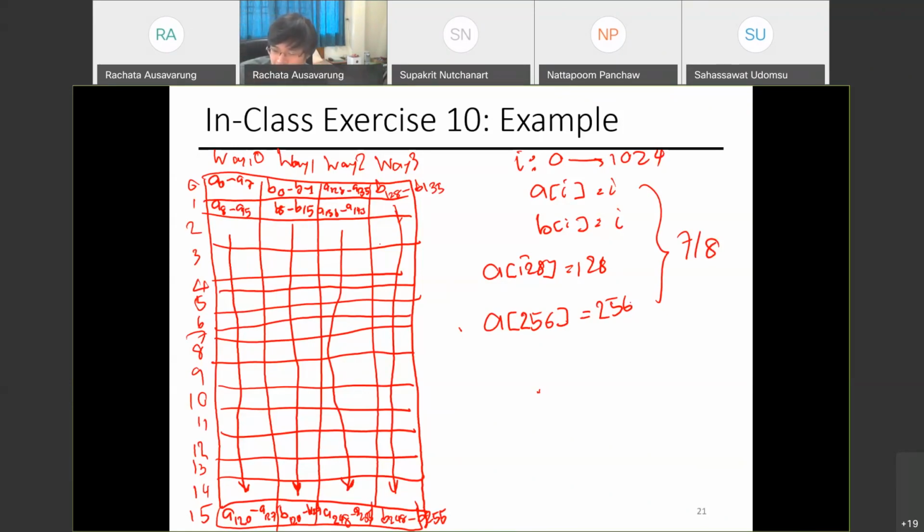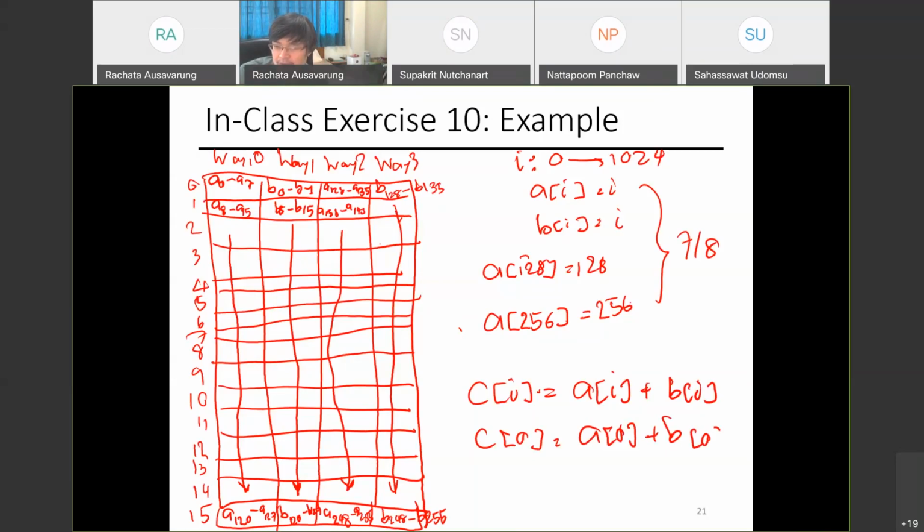So the second loop, what we do is C of I equal A of I plus B of I, right? So what happened when I is 0? C0 equal A0 plus B0, right? So what happened here? Everyone kicks everyone else out, right? Right there, A0 is not in the cache anymore, B0 is not in the cache anymore, so you kick everything out. So what's the hit rate of the second loop?